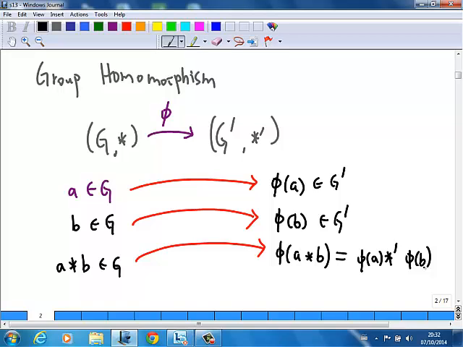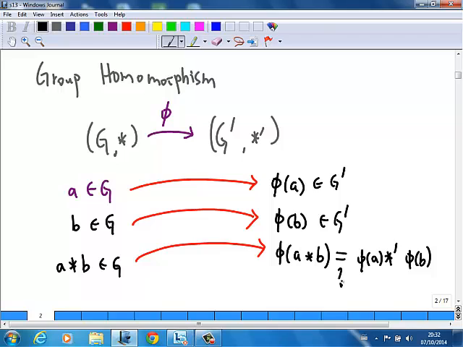If this is true, then you have a group homomorphism.